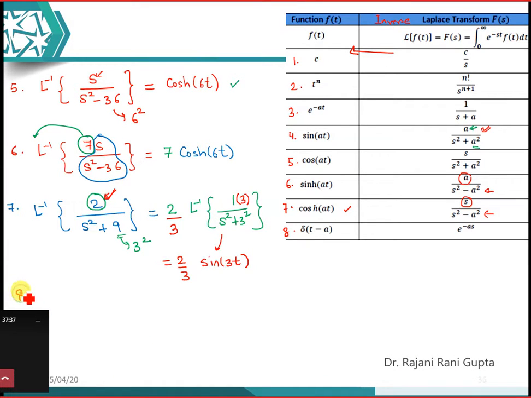Say, if I have Laplace inverse of, assume, 3s over s square plus 16. Tell me what will be the answer. It is similar to question number 6, but we are using a different rule.